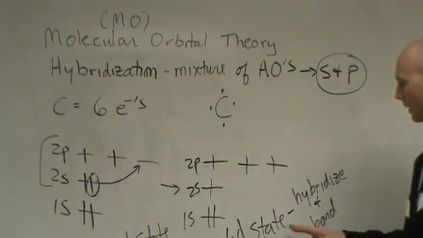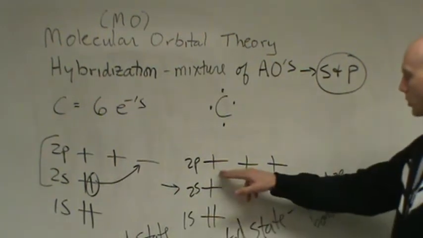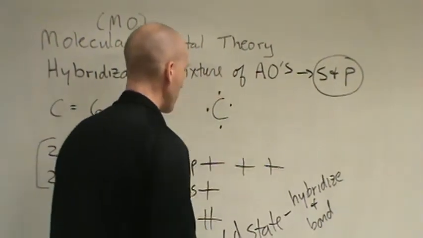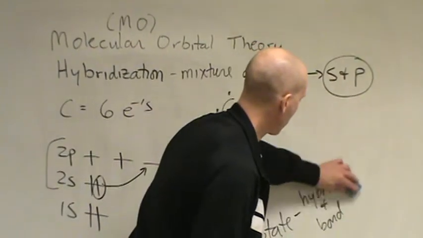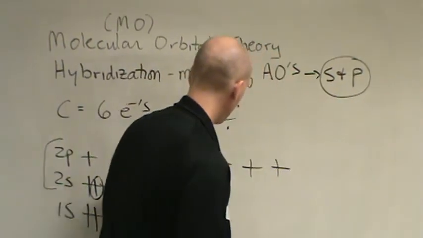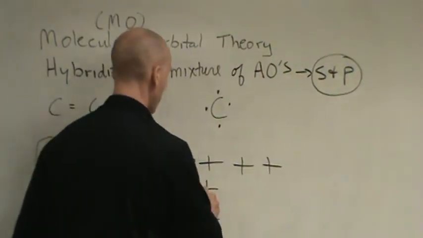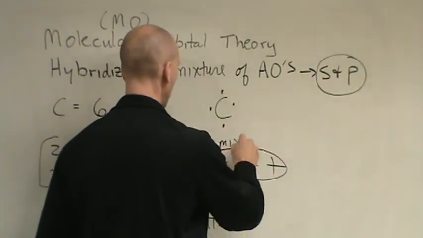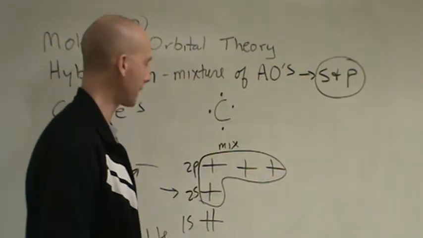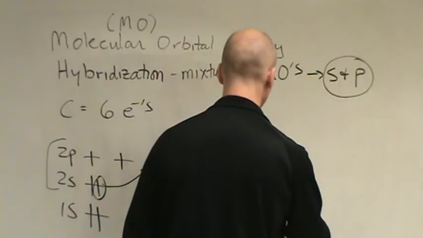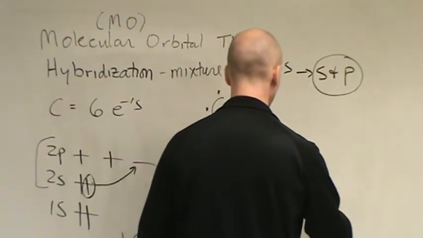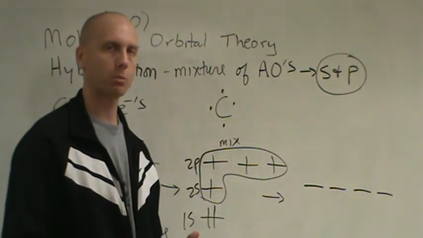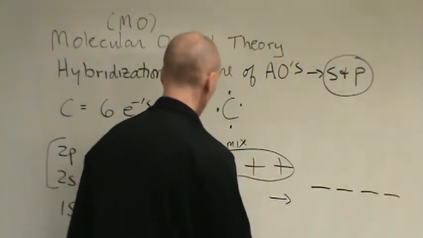So how do I get these 4 electrons to be all of the same energy? The way we do that is we mix these 4. So if we mix these 4 to get them all to be equal, what am I doing?